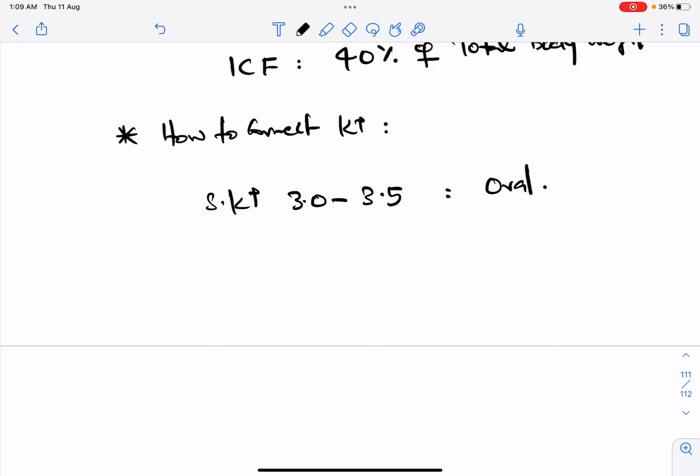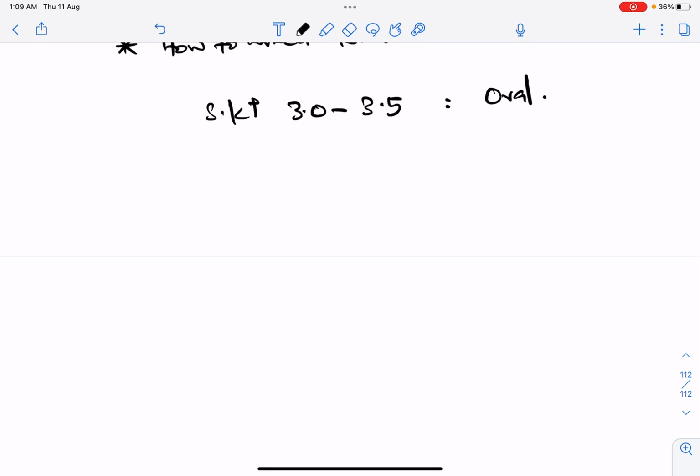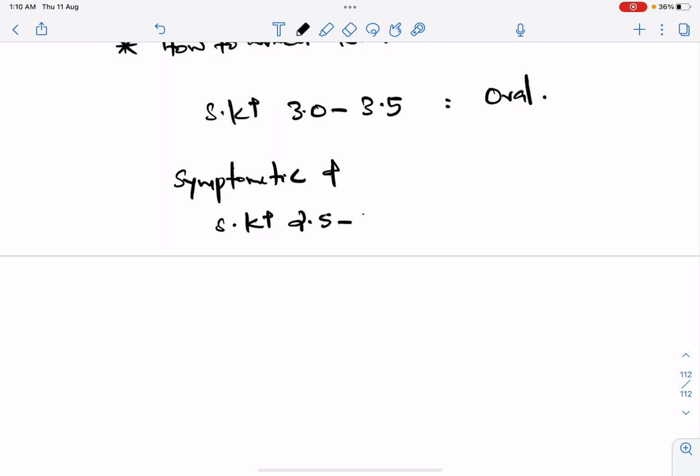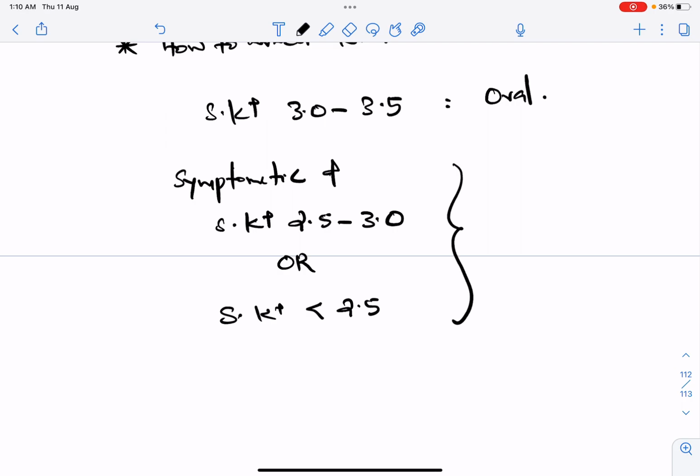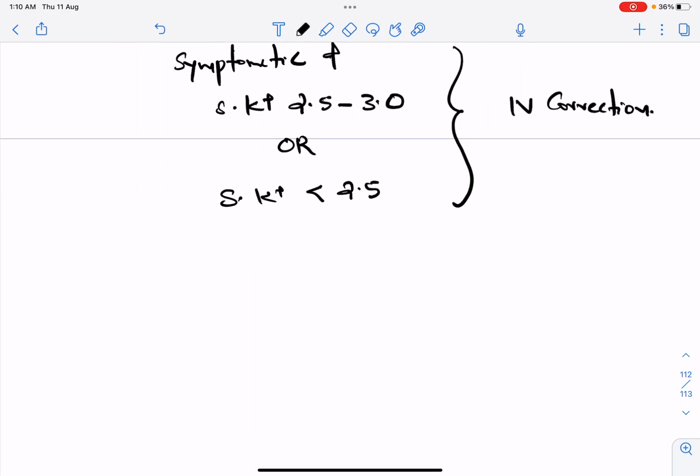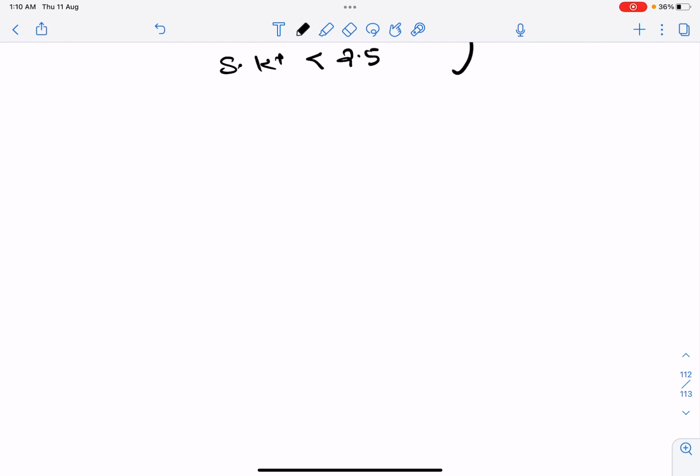You can go for an oral correction, but if the patient is symptomatic and serum potassium is between 2.5 to 3, or if the serum potassium is less than 2.5, in this case you have to go for IV correction. Okay, now some general principles have to be kept in mind in potassium correction.